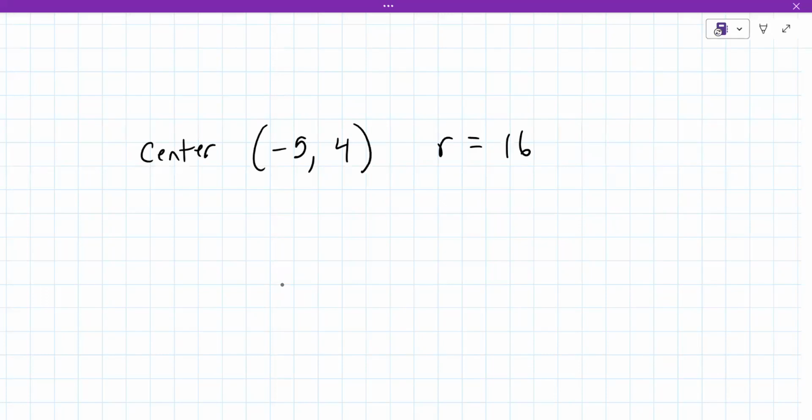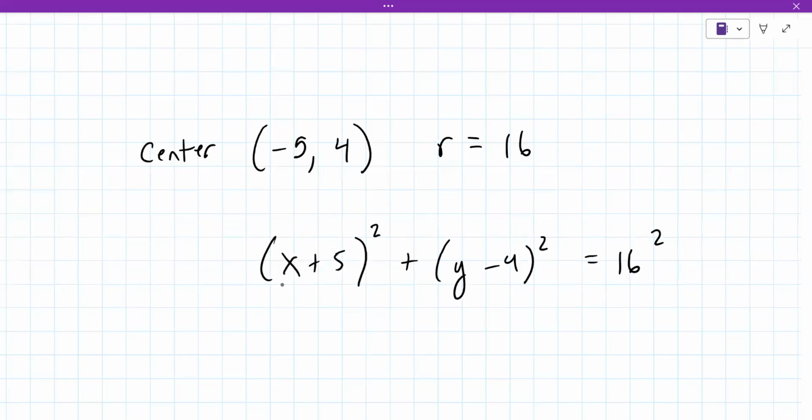And that would be x plus 5 squared plus y minus 4 squared equals 16 squared. Good. Very good.